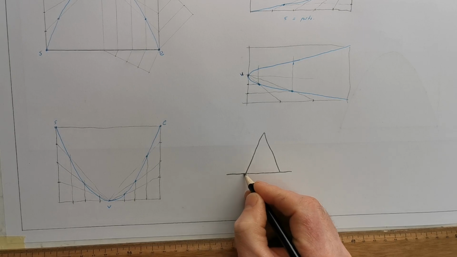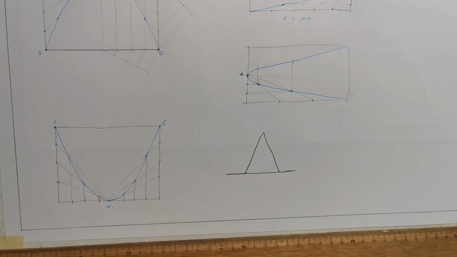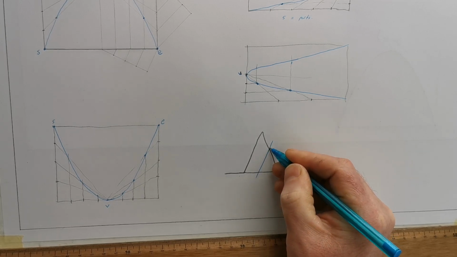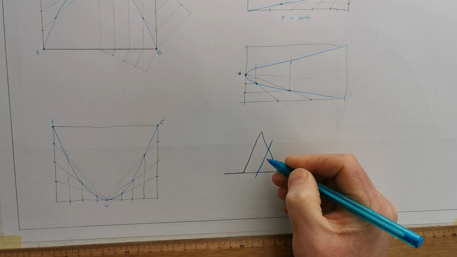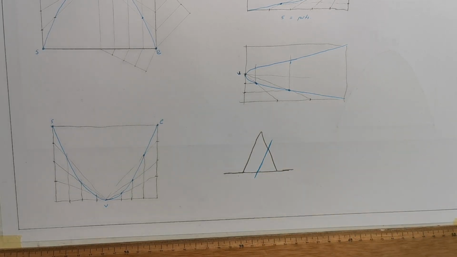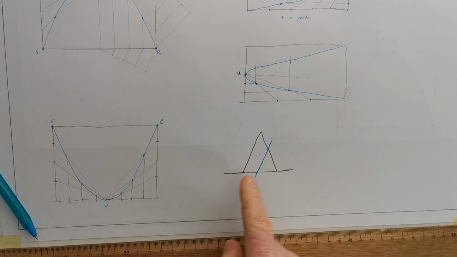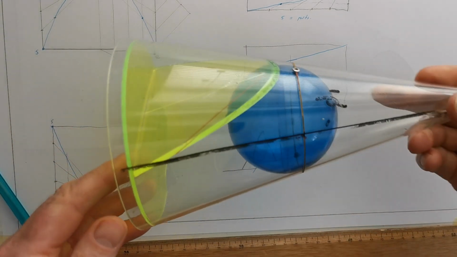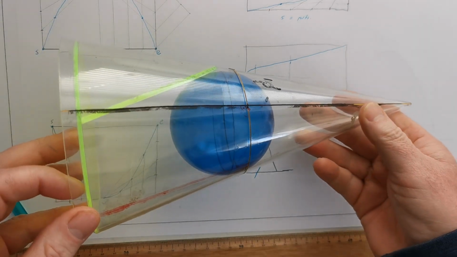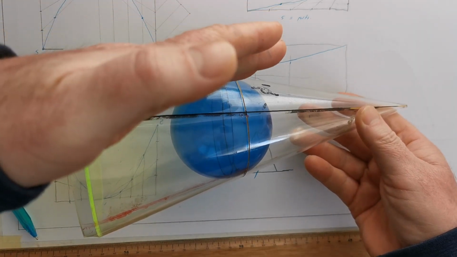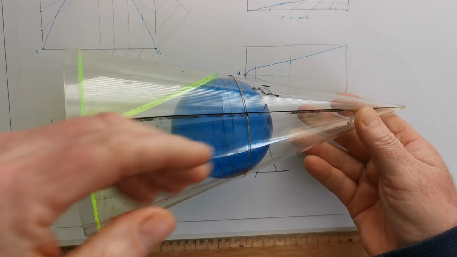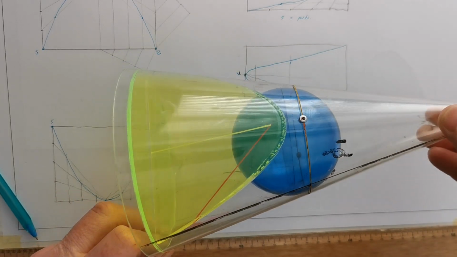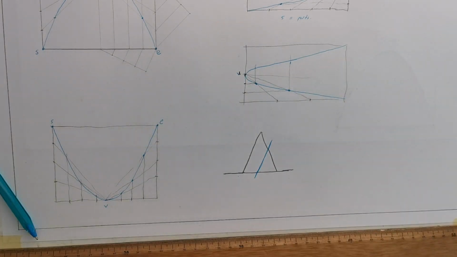So there's the front view of a cone, and if you chop through a cone like that and chopped off a big piece of a cone like that, that shape that you get through cutting through a cone, of which I happen to have a cone here, and that cut there is parallel to the side of the cone, and that greeny shape that you can see here, that is a parabola. So that's where the shape comes from.